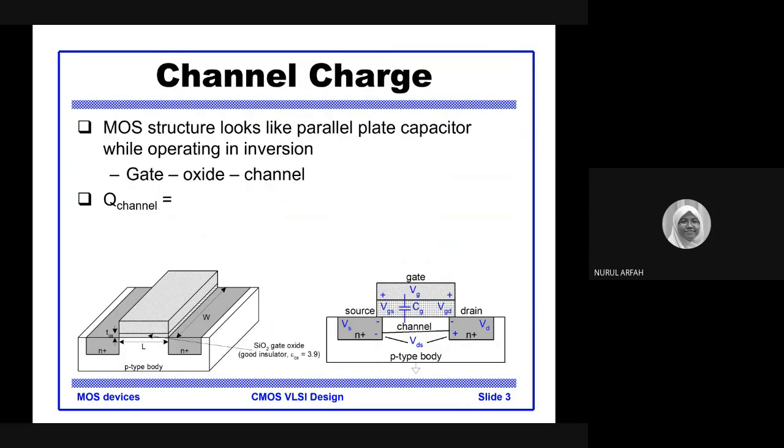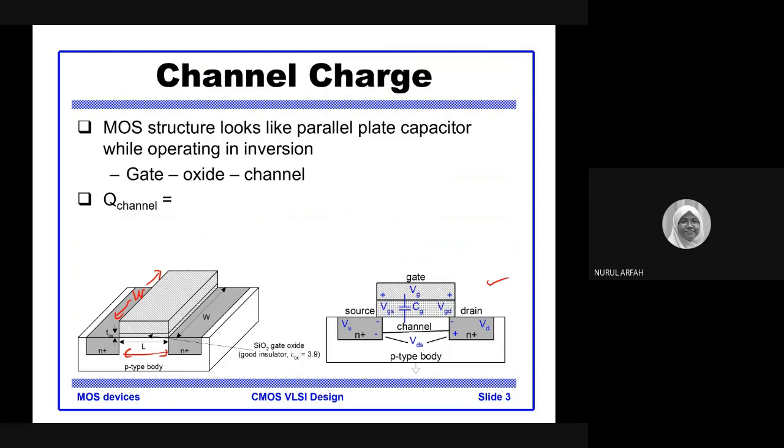Okay, so the MOS structure looks like a parallel plate. If you look on your left side, this is a 3D view. From the previous class, Prof. Anis already explained, this is the width, and we have the length over here. This is the channel length. Based on this 3D transistor, we can have a cross section on the right side here, which is clearer.